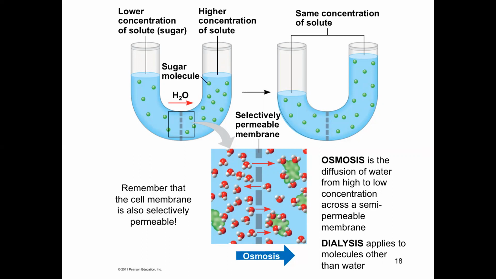So if concentrations vary across that membrane, water will undergo diffusion, all right? In a situation, and they always use the U-tube as an example, if the amount of a solute is the same on both sides, water will be at equilibrium. You won't see any difference here.